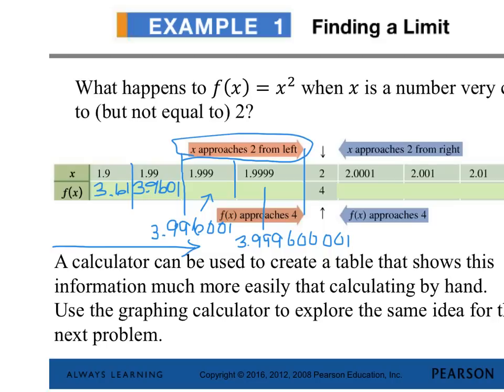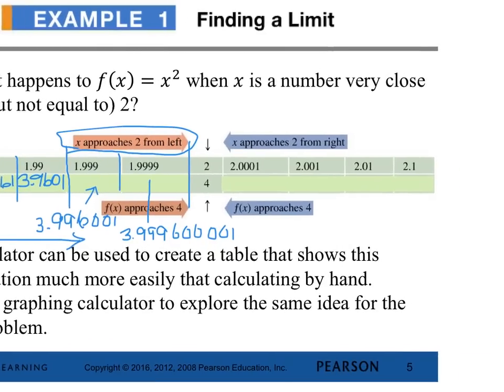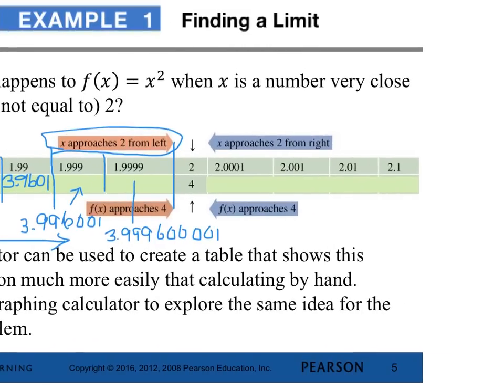Now, similarly, we can approach from the right. We could start out at 2.1. 2.1 is also very, very, very close to 2. It's only 2 1/10. So if you square 2.1, 2.1 times 2.1 is 4.41.